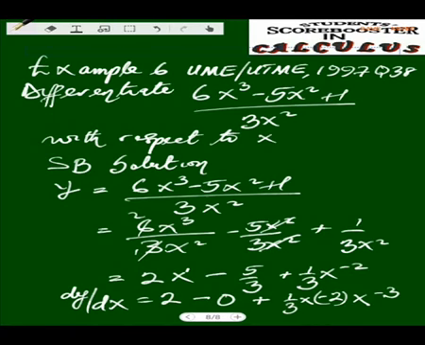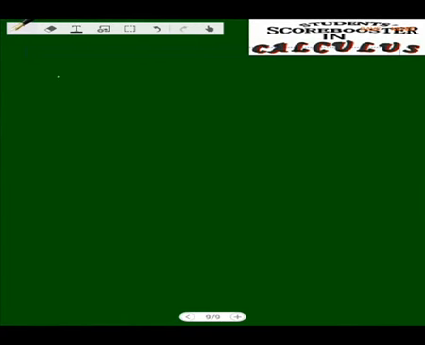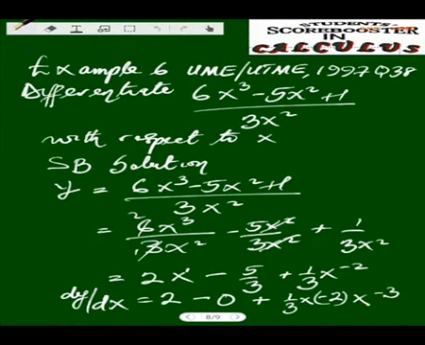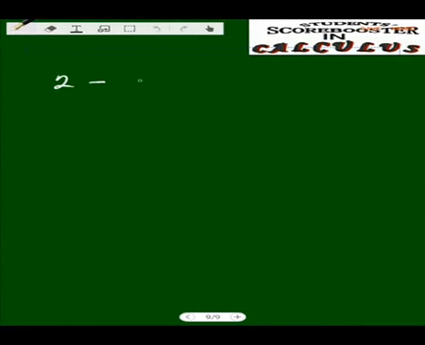I hope you are following. Okay, so I will have 2 minus 0 is gone, so I have 1 over 3 times minus 2, which is minus 2 over 3, then x raised to power minus 3, so it's going to be minus 2 over 3 x raised to power minus 3.